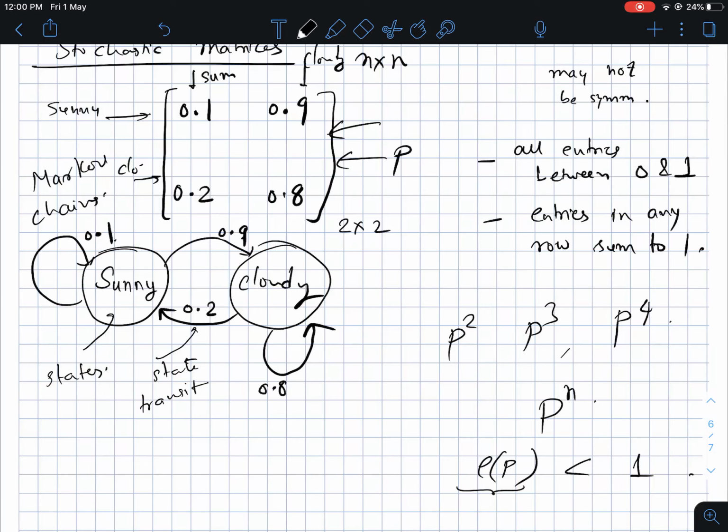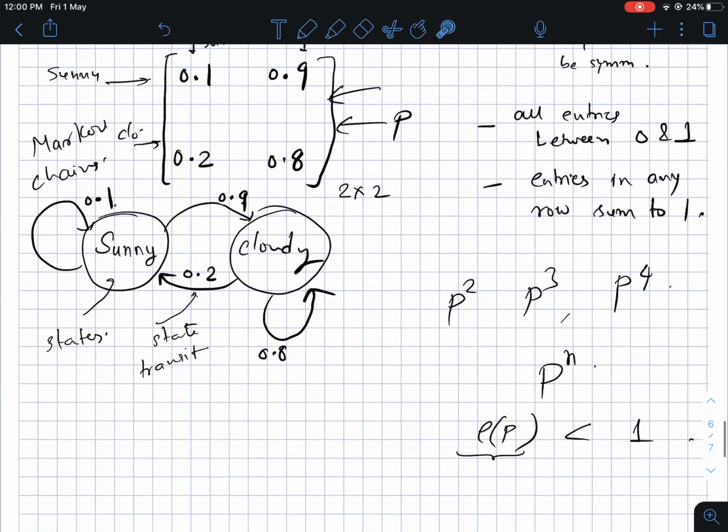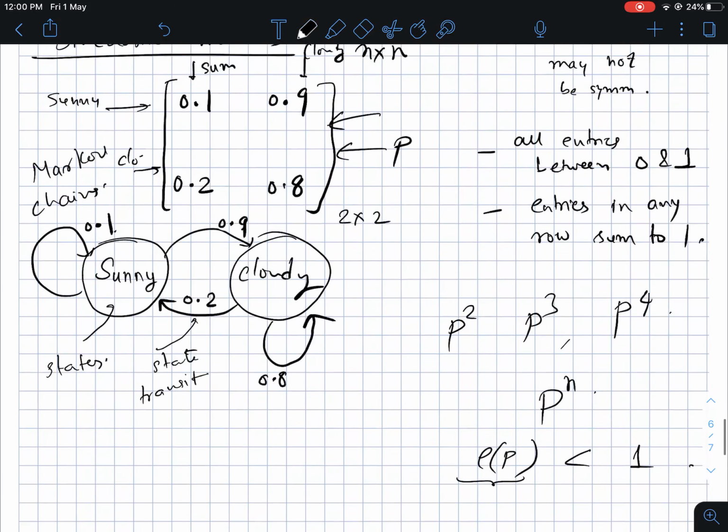What happens when we draw the Gershgorin circles of such a matrix? The radii are going to be 0.1 and 0.8. First of all, these matrices are not symmetric. They are not diagonally dominant. In this example, in this row, the off-diagonal entry is much bigger than the diagonal entry.